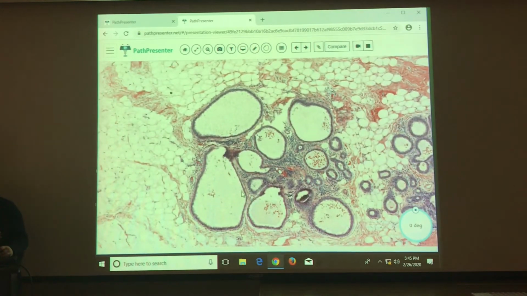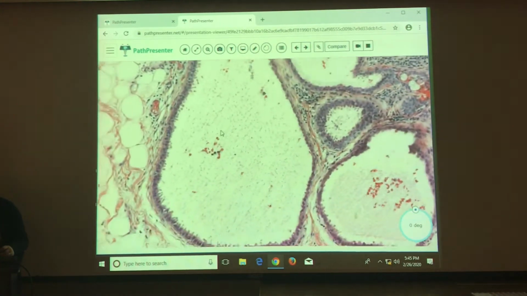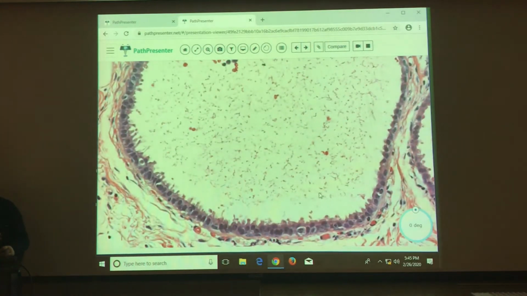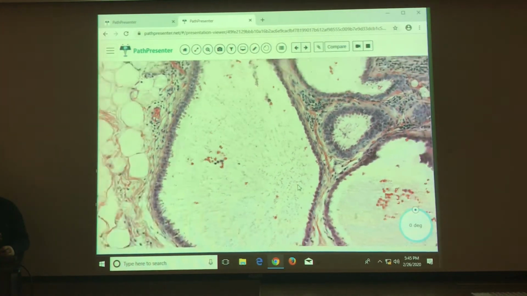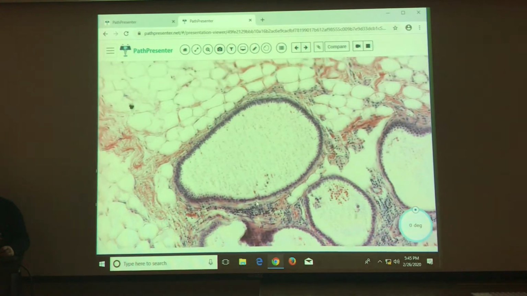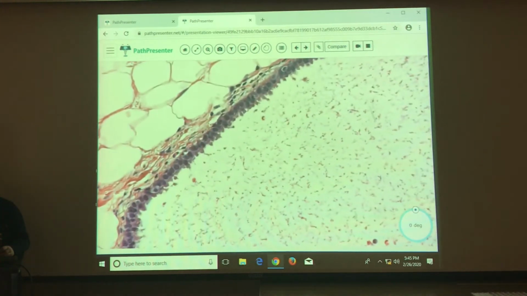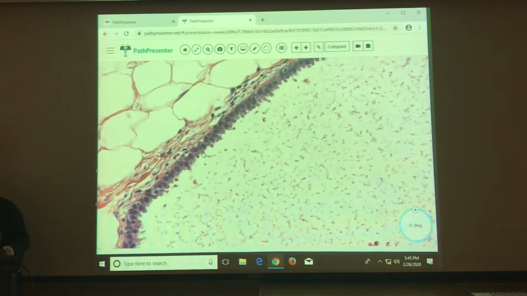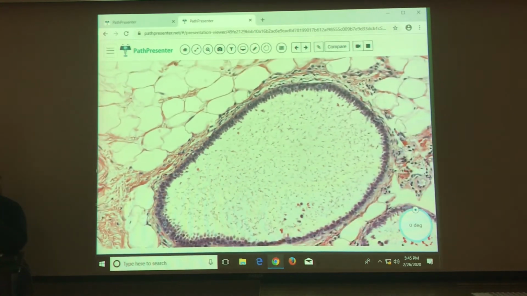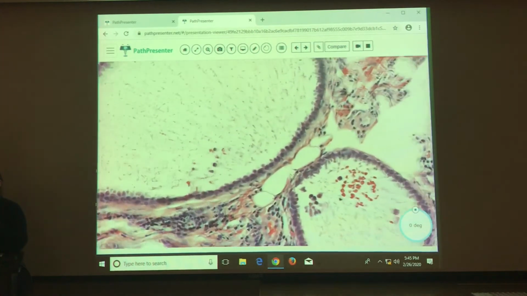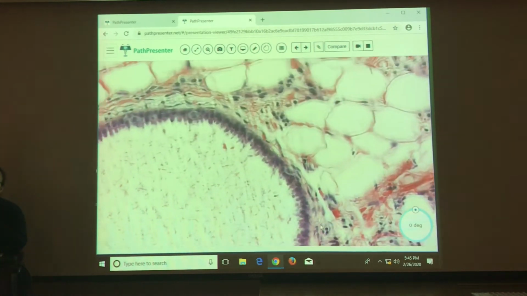So we have some dilated ducts with apical snouts. So this is good for a columnar cell change. Oh yeah. I'm wondering about FEA, but this looks okay. It's kind of round.